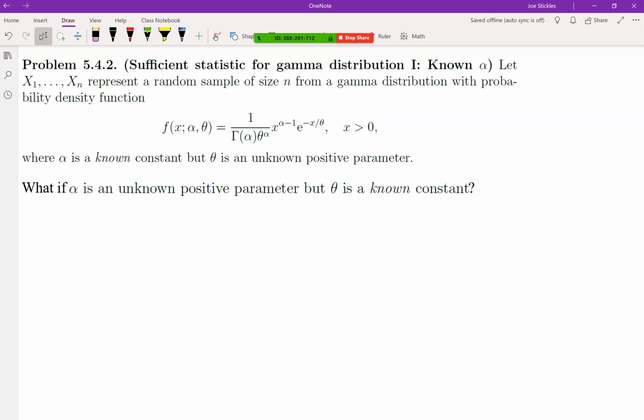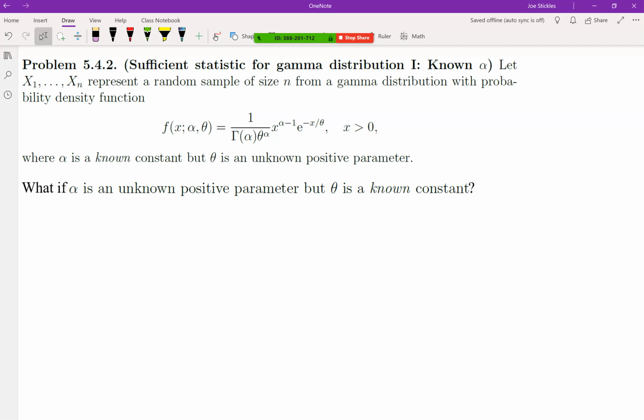Now, in the first video that I did about sufficient statistics, the definition involves that conditional probability eliminating the theta, the parameter that you're trying to find the statistic for. However, you have to know what the statistic is before you can determine whether or not it's sufficient. That's a little bit harder of an idea, because I have to know what I'm looking for in order to look for it, which is weird.